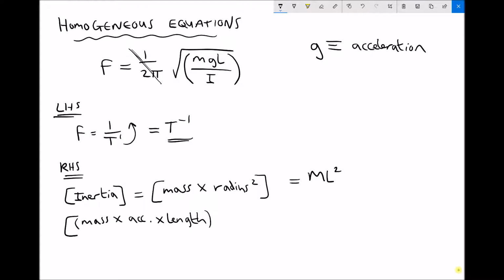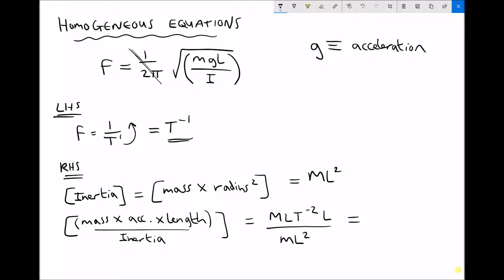And we're going to divide all of that by inertia. Okay, so the top of our equation is mass. Acceleration is Lt to the minus 2. We've seen that before. And then we've got a length. And we're dividing all of that by inertia. And inertia, we've already said, is ml squared.